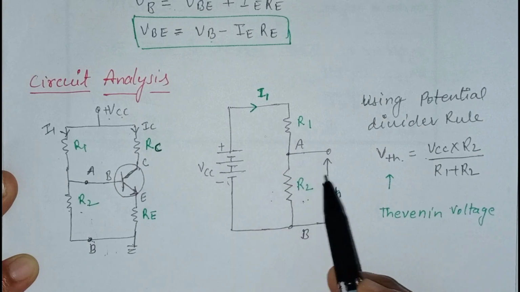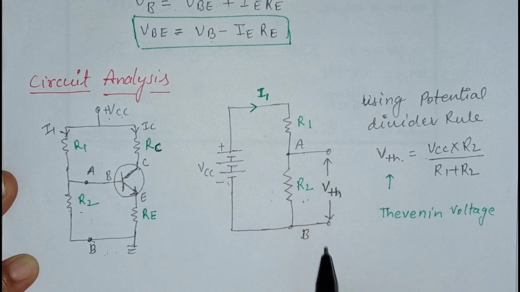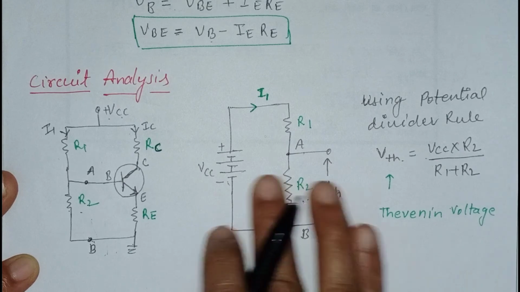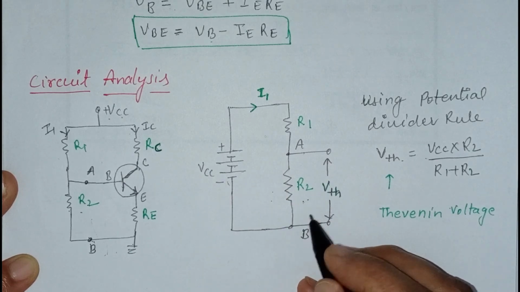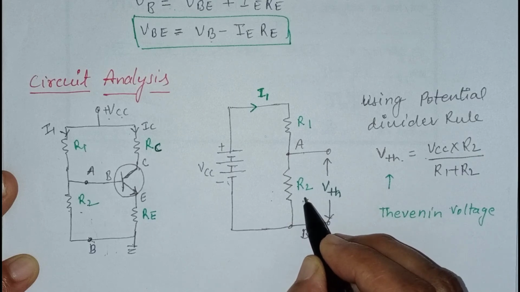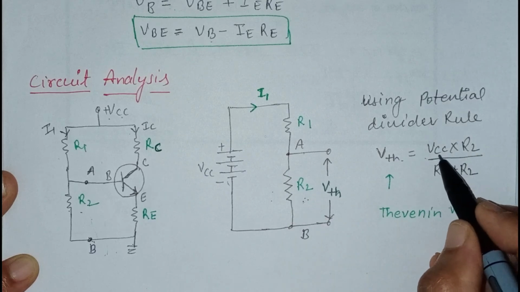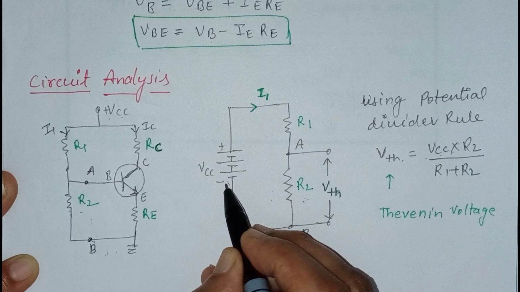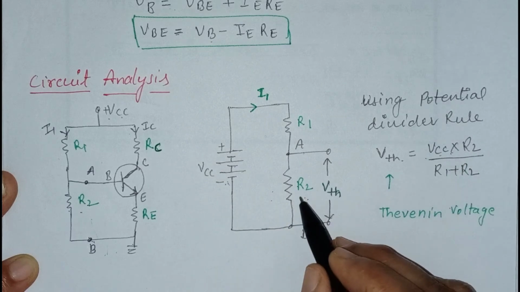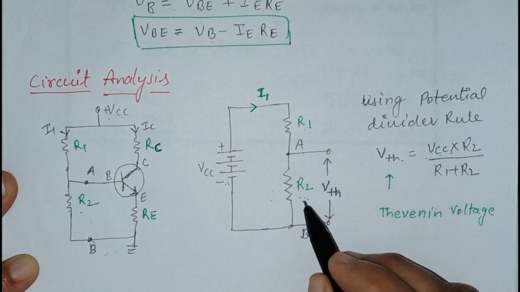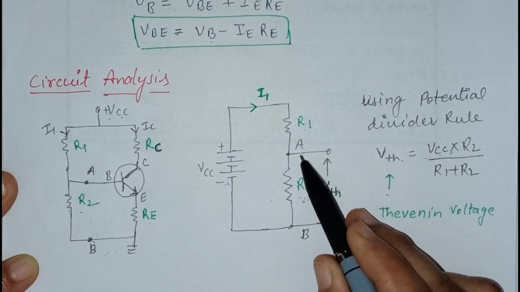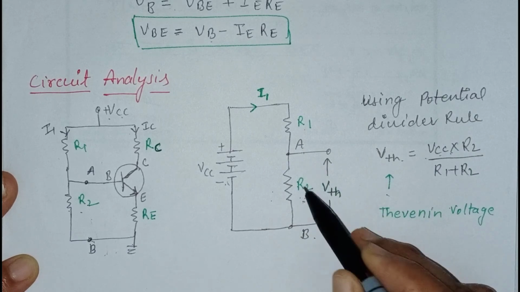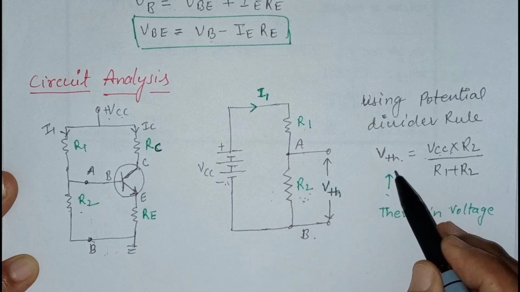As we can see here, this circuit is forming a voltage divider, so we will use the voltage divider rule. According to the voltage divider rule, the voltage across R2 equals VCC, the supply voltage, multiplied by R2 upon R1 plus R2. So the Thevenin voltage across this AB terminal, meaning the voltage across R2, is VTH.